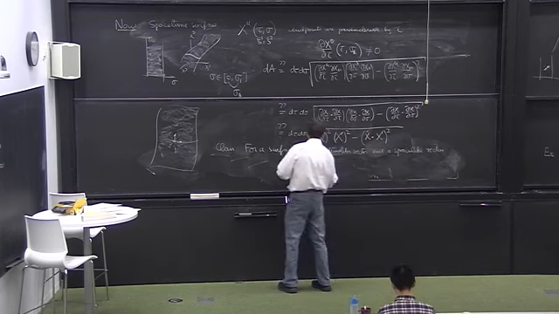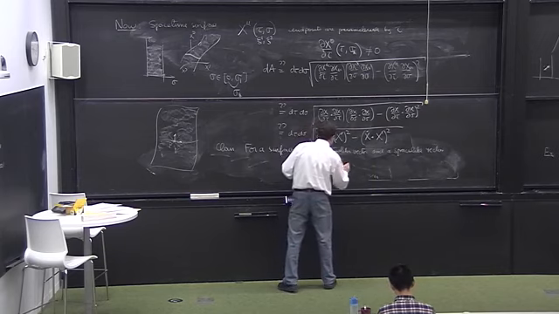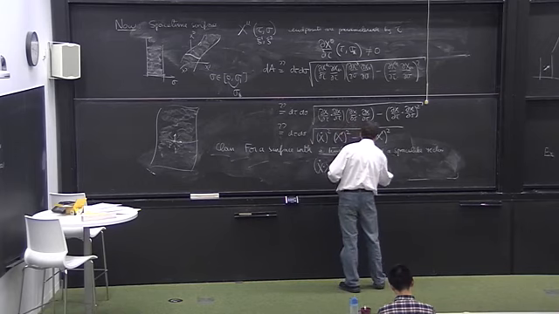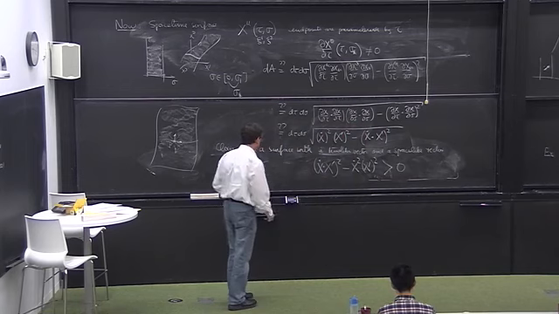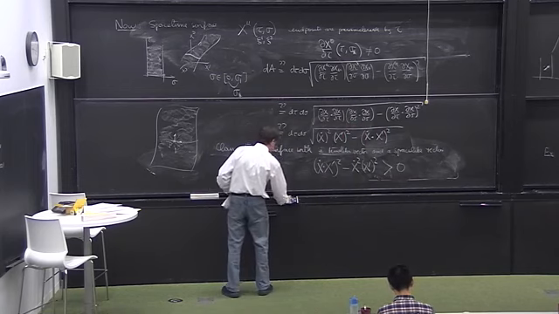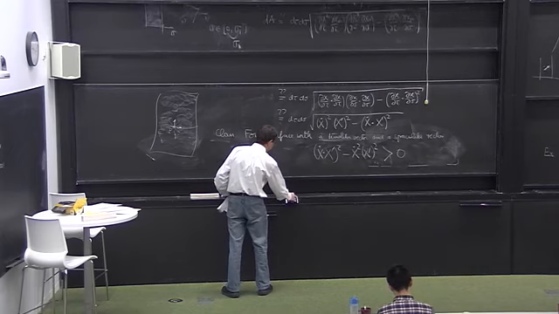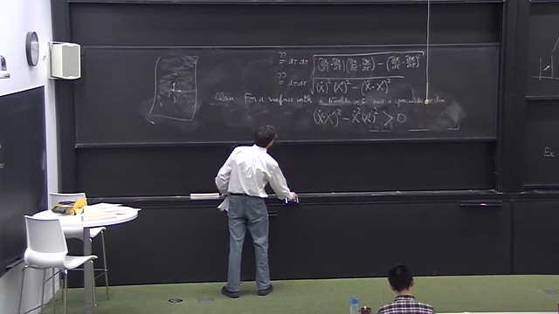Then x dot x prime squared minus x dot squared x prime squared is greater than 0. So it's the opposite sign over there.